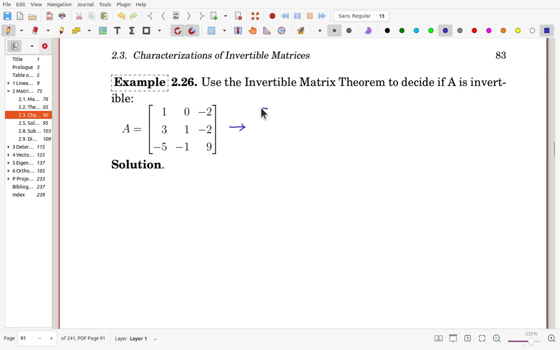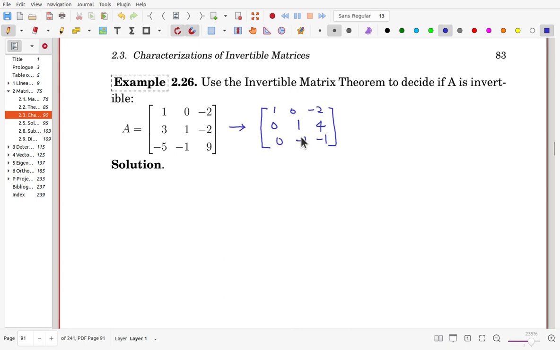Here 1, 0, -2, and we eliminate this entry. 3 times subtraction gives 0, 1. 3 times subtraction gives 4. And 5 times addition makes 0, and 5 times addition gives minus 10, so minus 1.